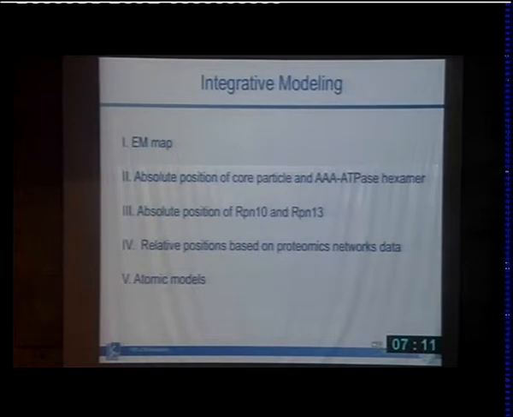Then a very important element was proteomics network data obtained by, as I mentioned, cross-linking and the sequence-specific cross-links obtained from mass spectrometry, plus increasingly atomic models of some of the subunits.